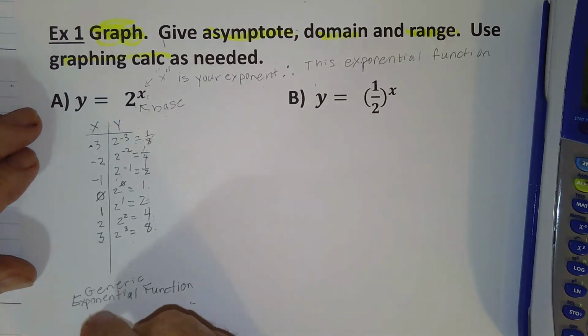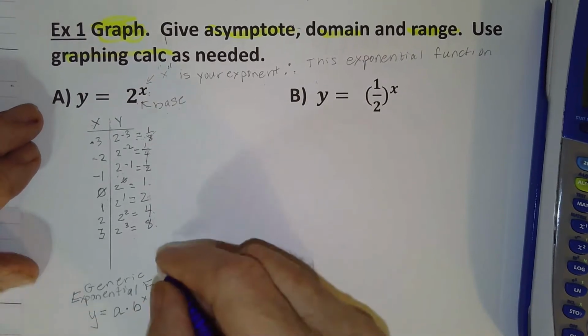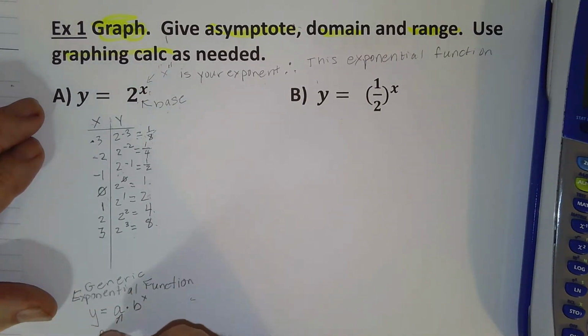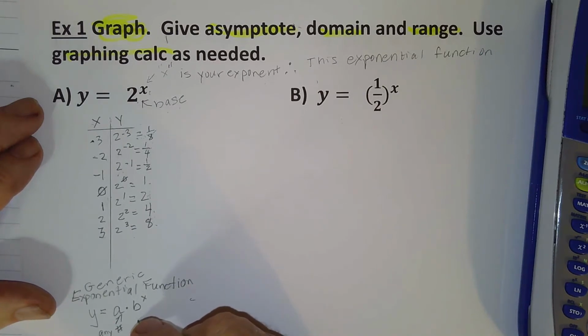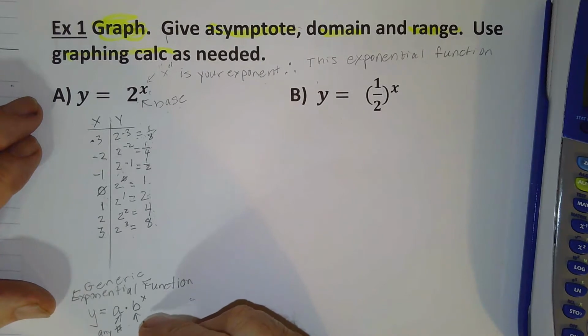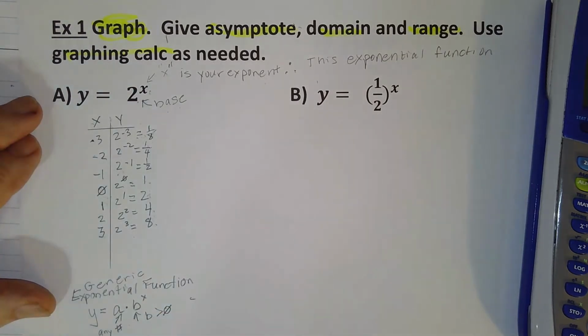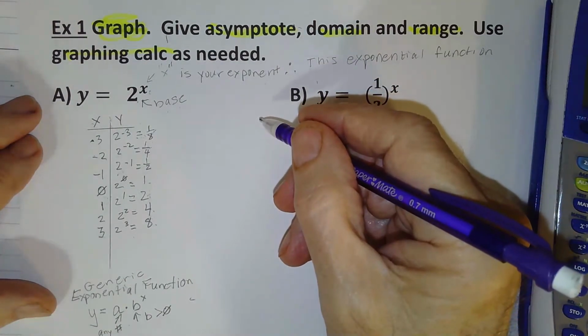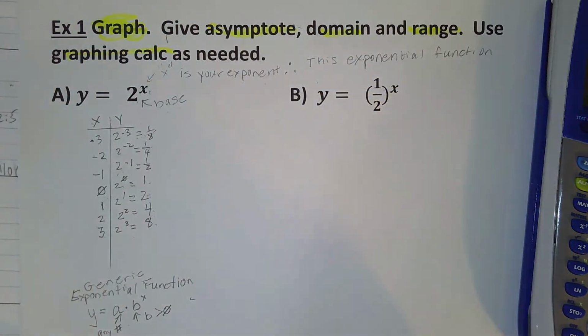Is y equals a times b to the x, where a is any number and b is the base, and b is always greater than 0. All right. So let's just go ahead and graph this.